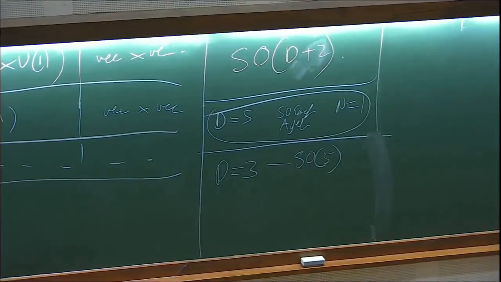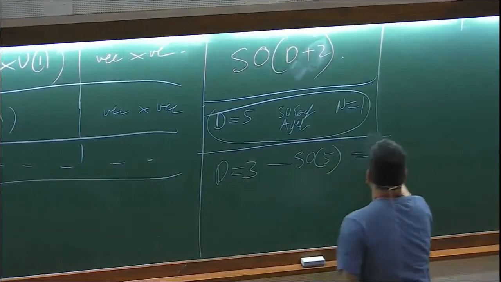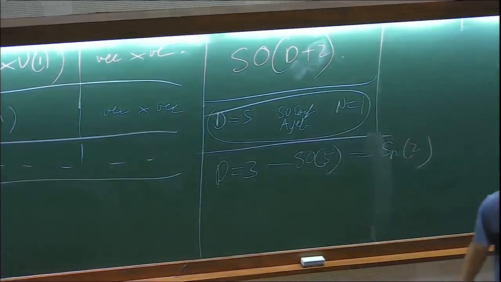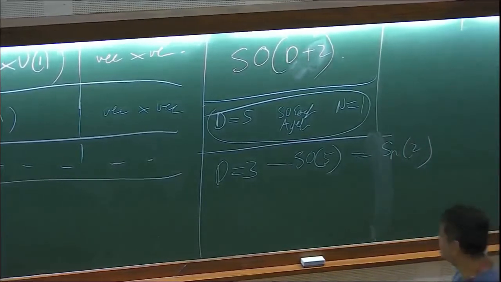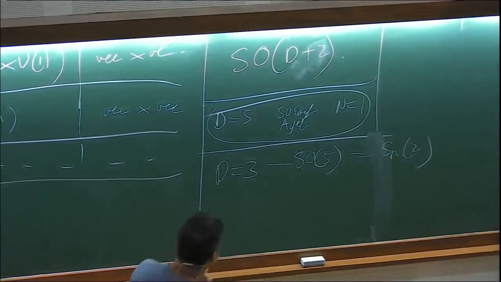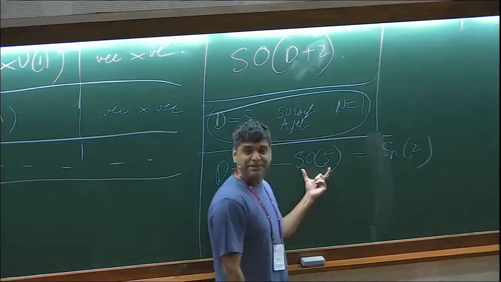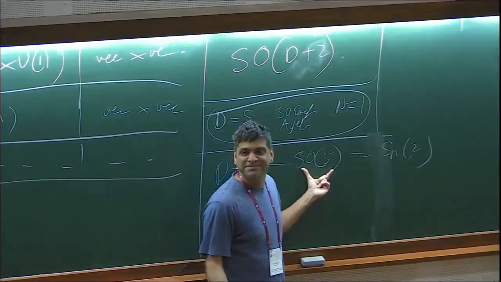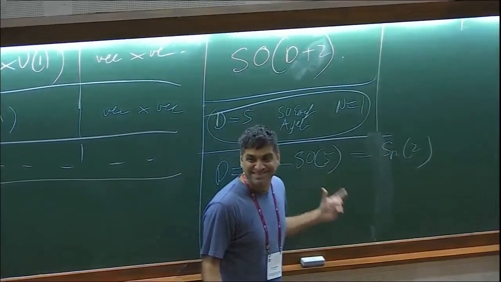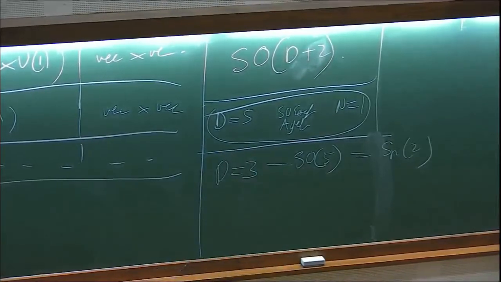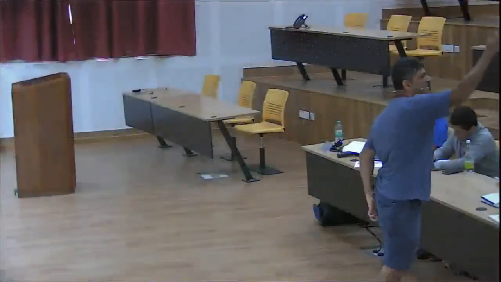Sp(4), what I call Sp(2). Excellent. SO(5) is also Sp(2). And what is the spinorial representation of SO(5) in terms of Sp(2)? It's the vector of Sp(2), a four-dimensional representation.